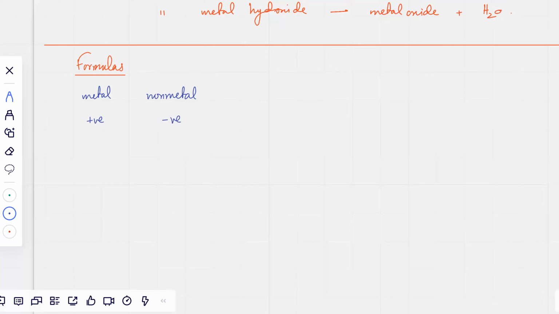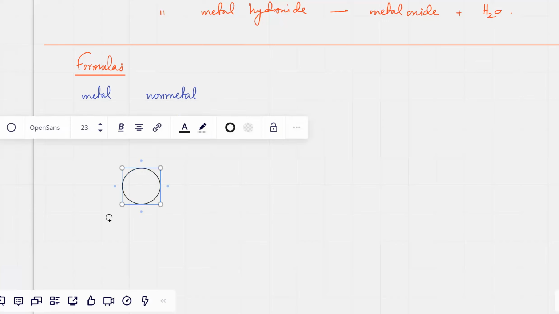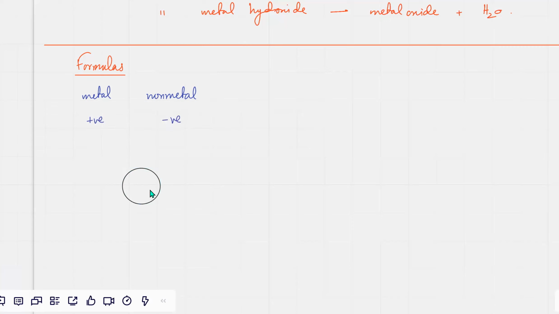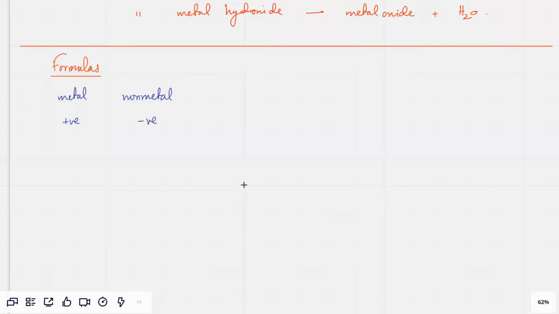So I'm going to take a sodium atom. Let's say there is a sodium atom. Sodium, I think, has 3 shells. Just one second, let me draw those shells one by one. So I've got a sodium atom.